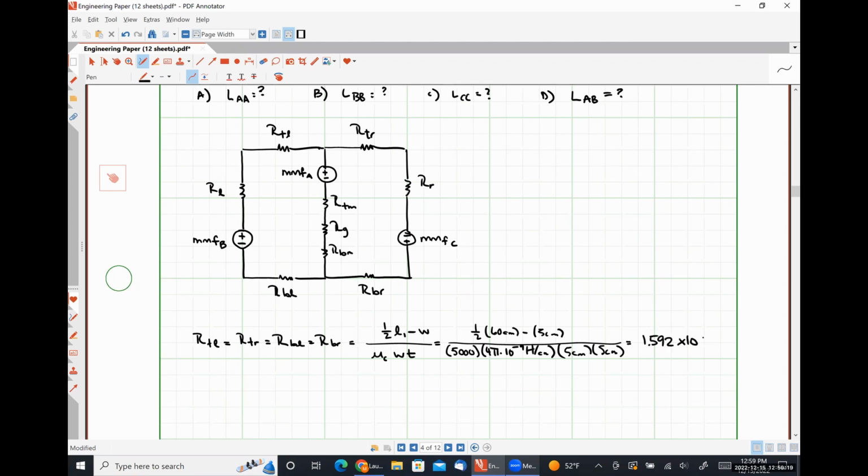That gives 1.592 times 10 to the 4 amp turns per Weber.